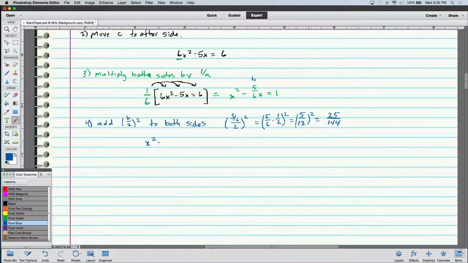So x squared minus 5 over 6x plus 25 over 144 equals 1 plus 25 over 144. Step number 5. We want to factor that trinomial on the left and add the two numbers on the right.